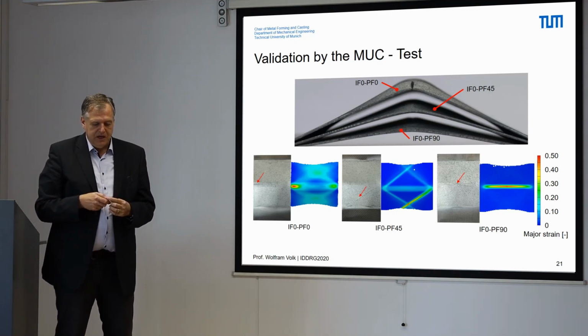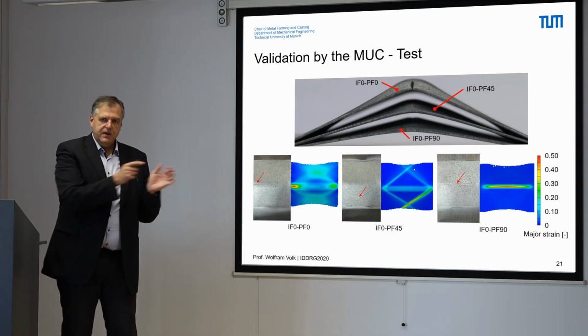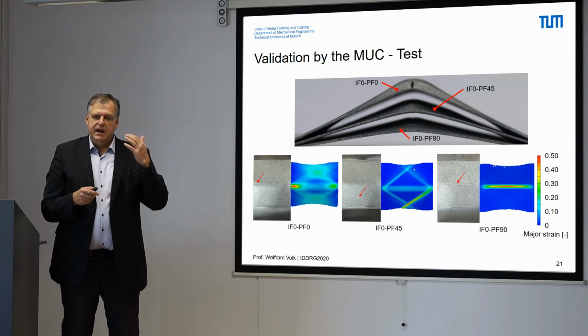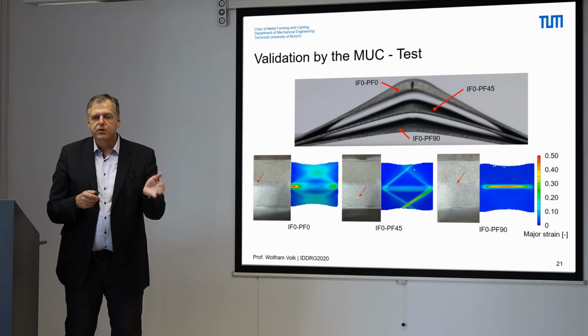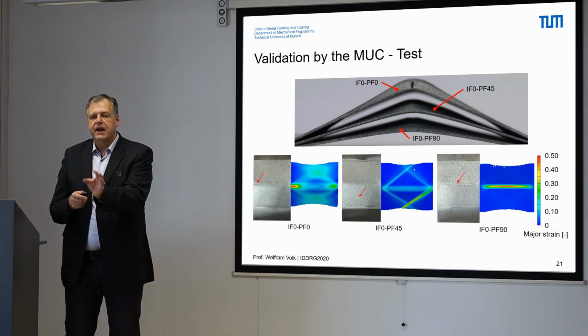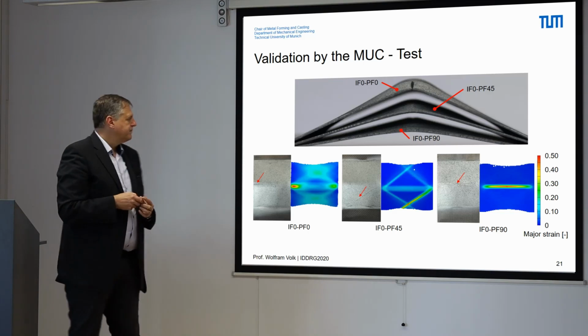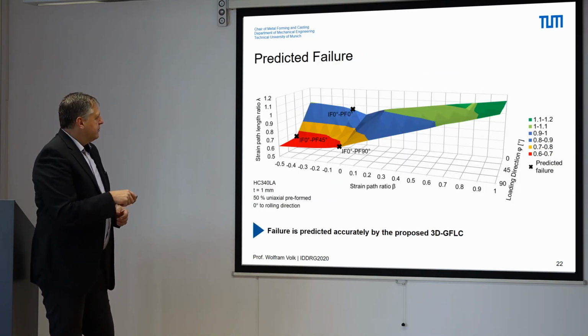And now what we did: we made the experiments, analyzed the strain, put the strain into our phenomenological model, and compared the predicted failure with the real failure. And this was done here.